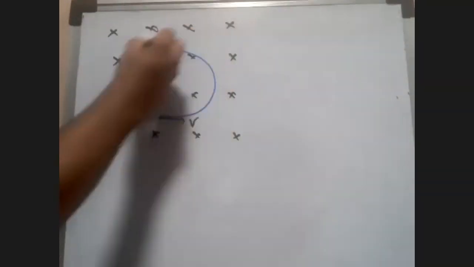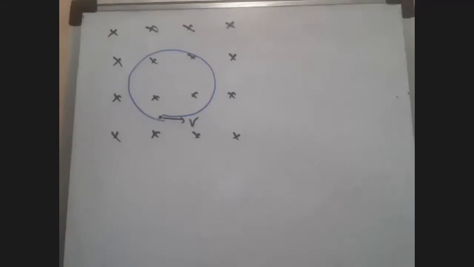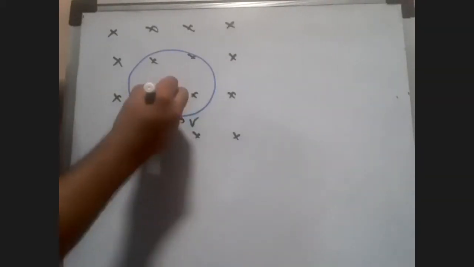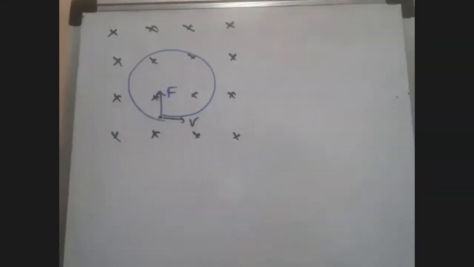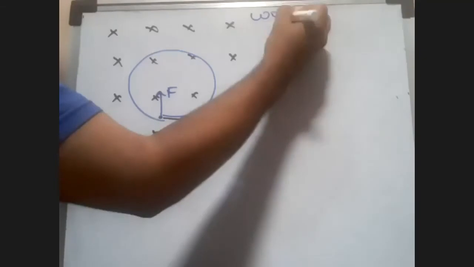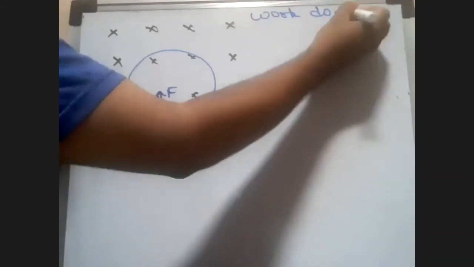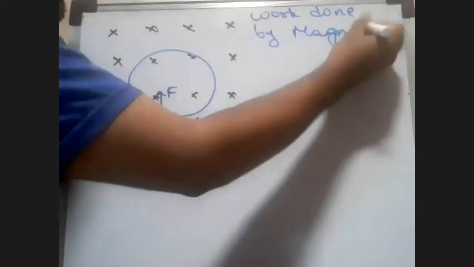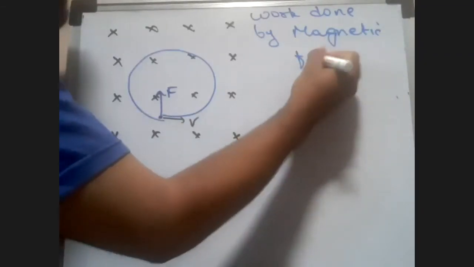Sorry for my imperfect drawing, but here you can see that the velocity vector and the force are perpendicular to each other. Yes or no? So let's talk about work done by the magnetic field.